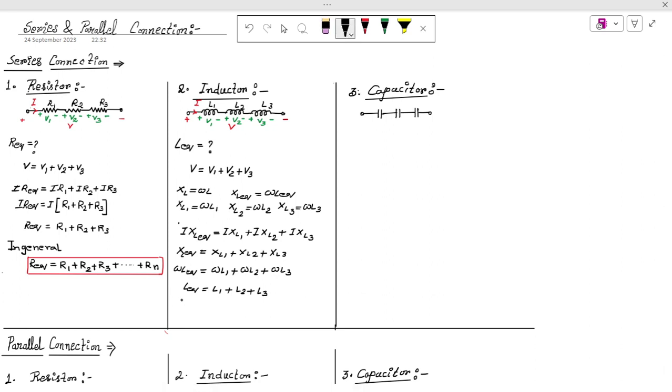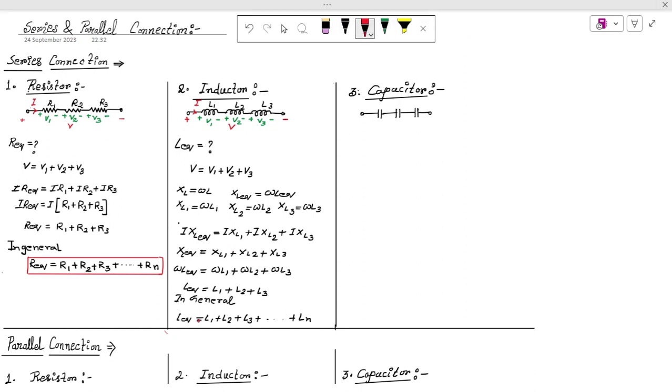In general, L equivalent is equal to L1 plus L2 plus L3 plus dot dot dot Ln.